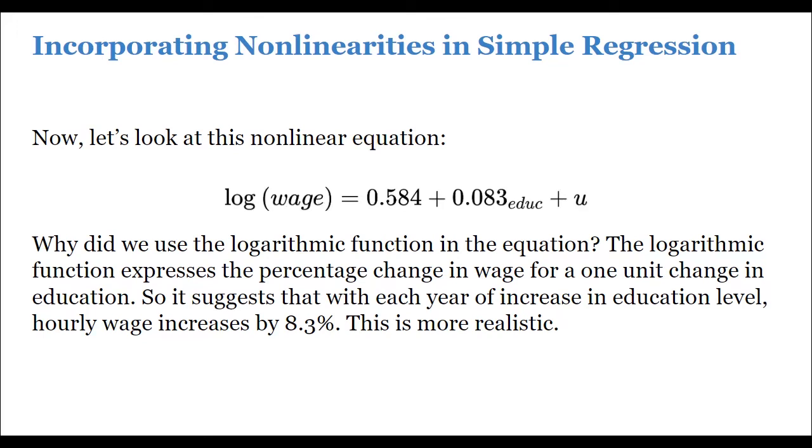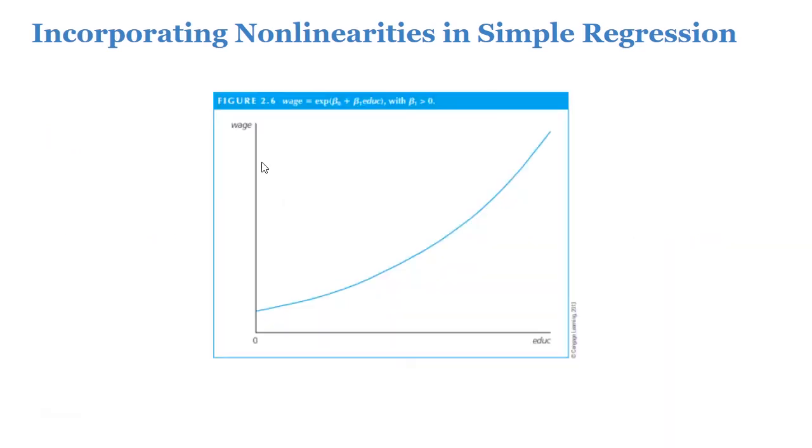So despite having the same percentage increase in the wage, the actual increase in wage is quite different between a high school graduate and someone with a PhD. And this is more in line with the real world. The graph here shows that the higher your education level is, your wage is going to increase exponentially.